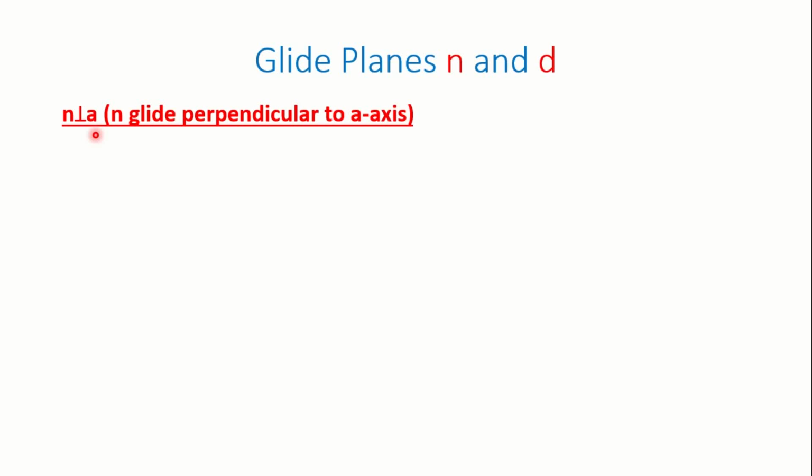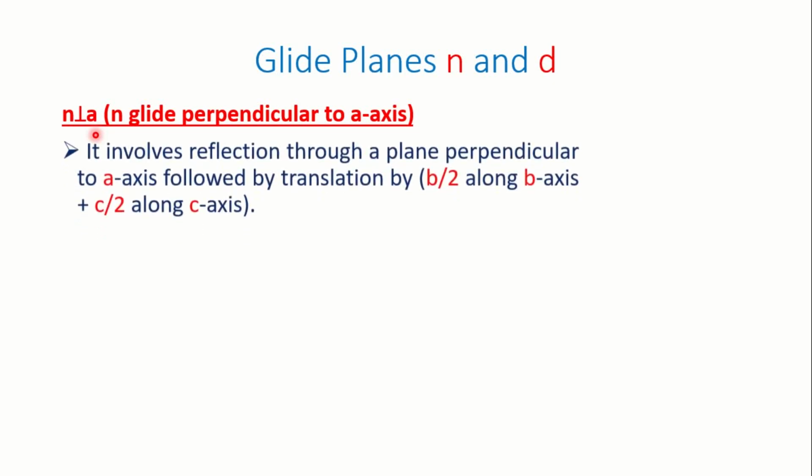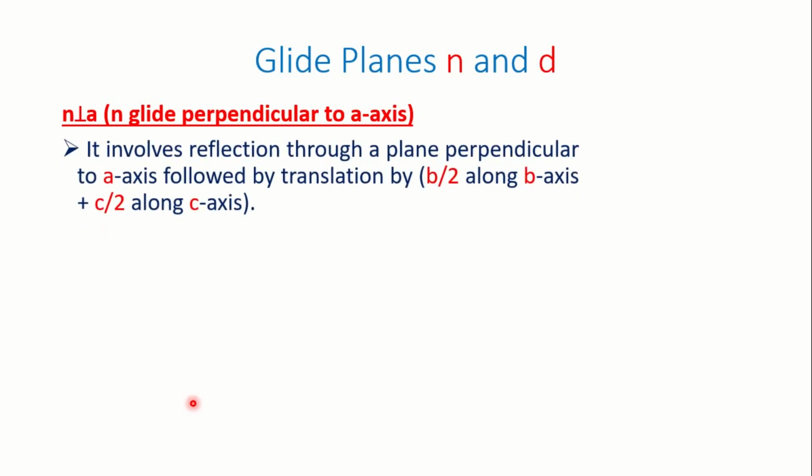So let us start with the example N glide perpendicular to A. This operation involves reflection through a plane perpendicular to A axis followed by translation along B axis by half unit and along C axis by half unit. That means in the previous cases you had to translate along only one axis by half unit, but here you have to translate along two axes, in both cases by half unit each.